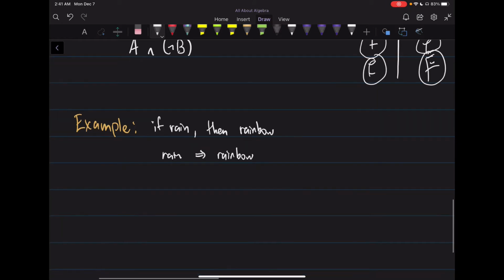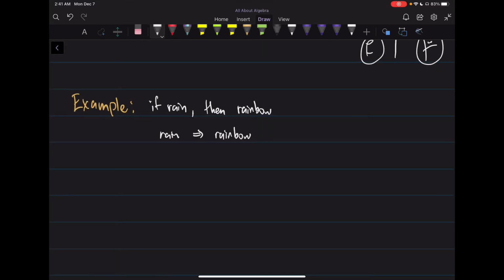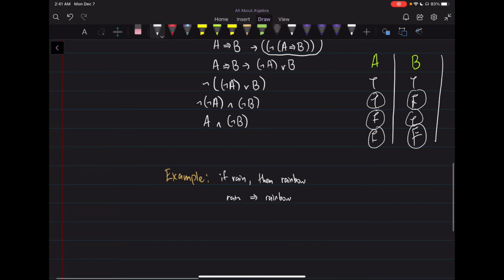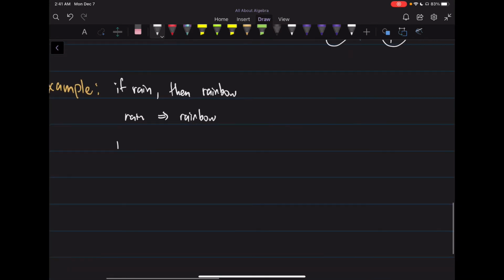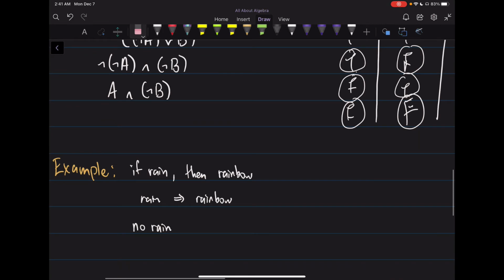Well, if we negate it, then we're saying rain and no rainbow, right?